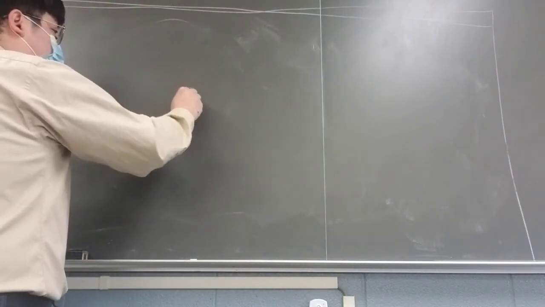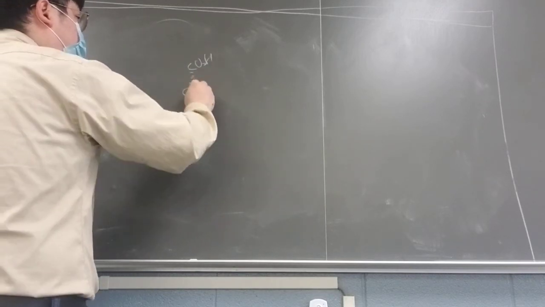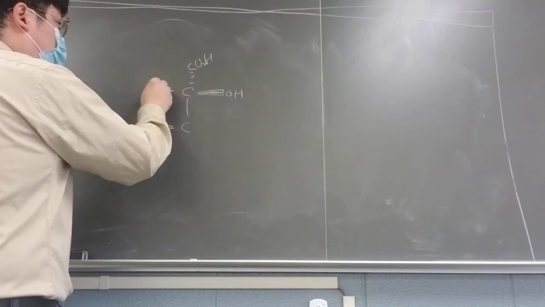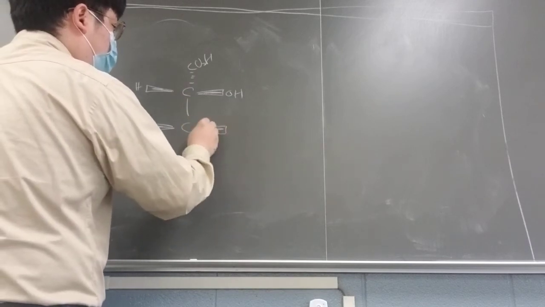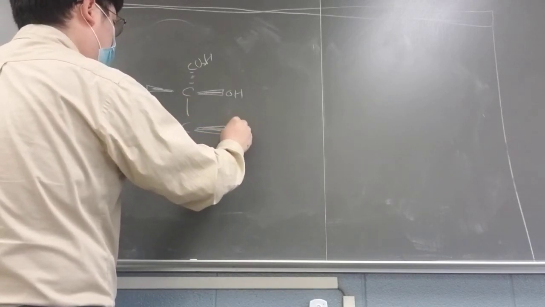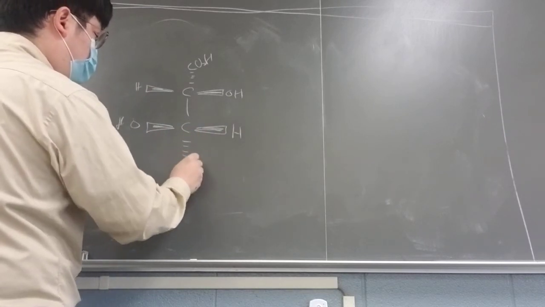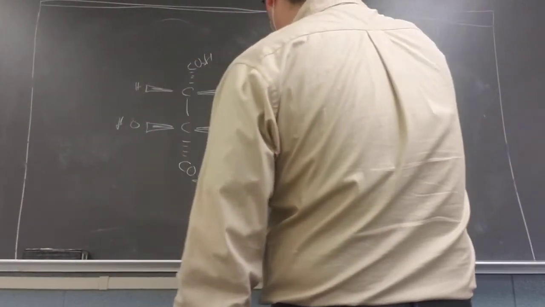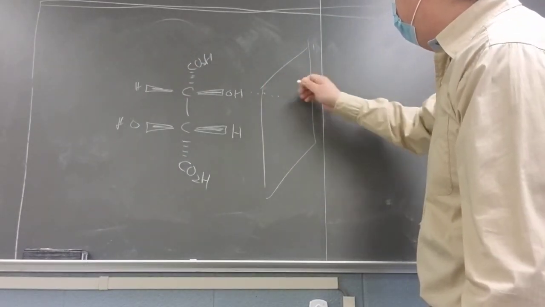So if you have this type of compound, okay? If you have this type of compound over here, right? And you can also try to do the mirror image of this one.